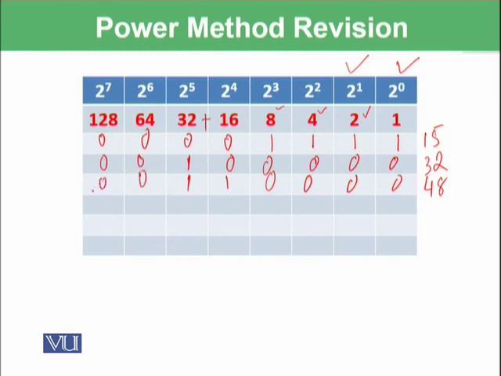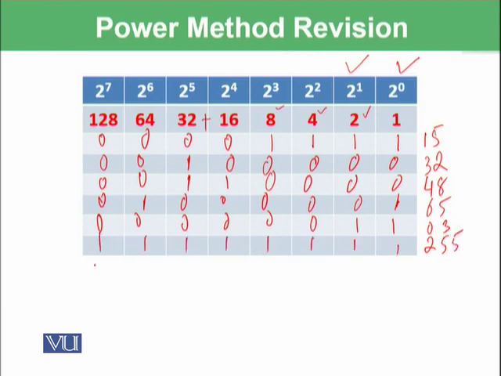Then you want to display 65: 64 plus 1, all others zeros. Similarly, to display 3: 2 plus 1 is 3, all others are 0.